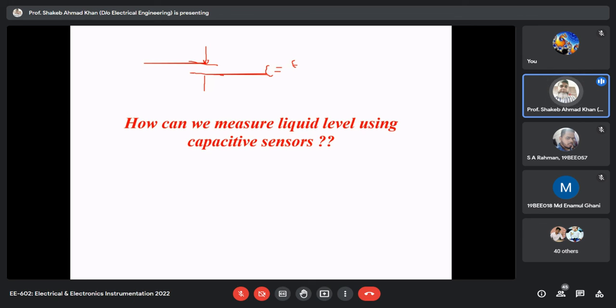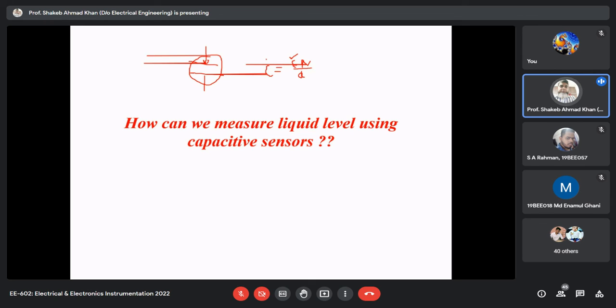So if any of these parameters on which capacitance depends changes, then your capacitance will change, and this parameter will change in response to the parameter you are measuring. Like in chemical sensors, when your sensor is exposed to certain chemicals, like pollutants such as carbon monoxide in the environment, the property of the insulation material, the dielectric material used, changes, so accordingly your capacitance changes.